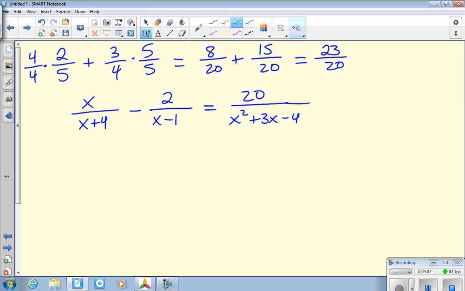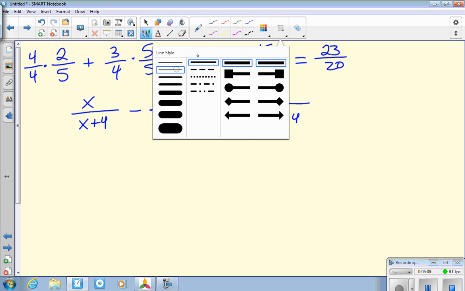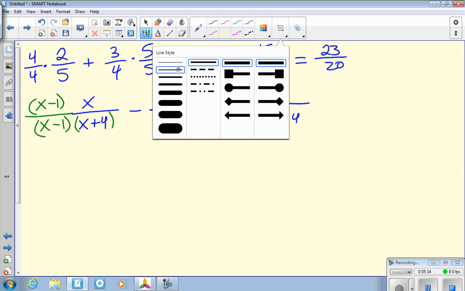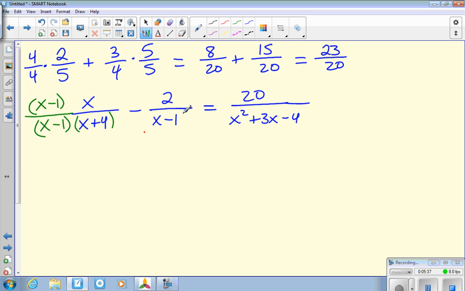If you notice, on the left-hand side we have two different denominators, x plus 4 and x minus 1. To the x plus 4 denominator fraction, I'm going to multiply both numerator and denominator by x minus 1, and I'm going to put parentheses around that. Now, I'm going to take the x plus 4 and multiply that times this fraction.